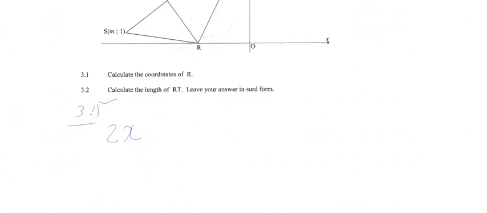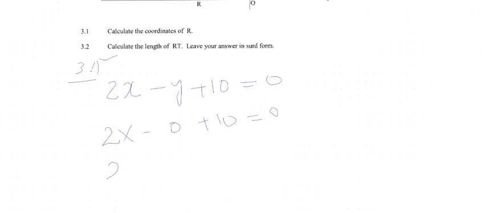As you know, R is on the x-axis, so its y component is 0. So I just put y equals 0: 2x minus 0 plus 10 equals 0. So 2x equals minus 10, which becomes x equals minus 10 by 2, which equals minus 5.